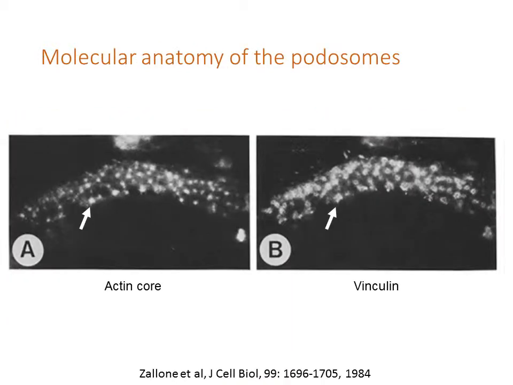The molecular anatomy of the podosomes has been extensively investigated by us and others, and you see here that each podosome core is surrounded by rosette-like structures of adhesion proteins, here vinculin.